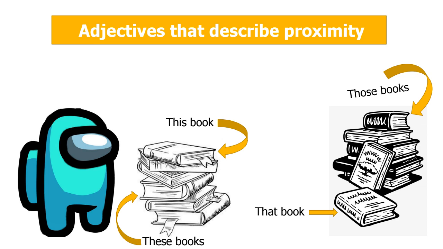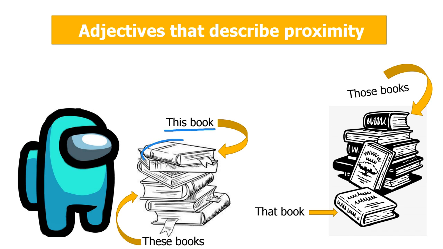Our demonstrative adjectives that describe proximity or how close an object is to us are really easy. There's actually only 4. So if I am talking about a book that's very close to me as a speaker, then I would say this book in English, right?